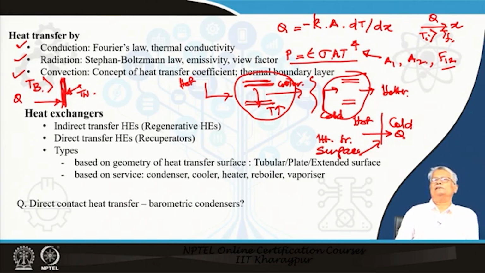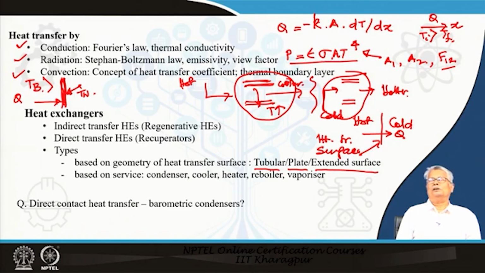Now, depending on the geometry of the heat transfer surface, which could be a tubular section, you have tubular heat exchangers. If it is a flat plate, it is a plate heat exchanger. If you add extended surfaces on the tube or on the plate, it becomes an extended surface heat exchanger.